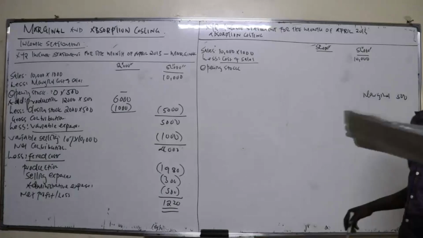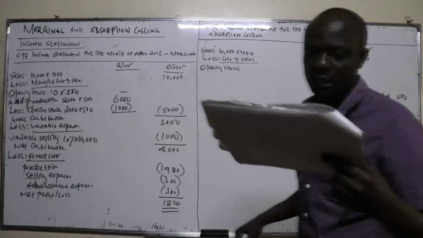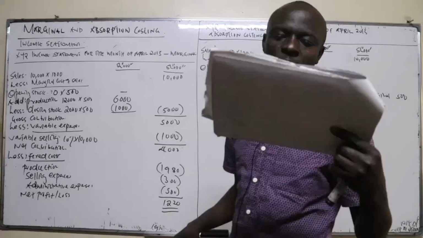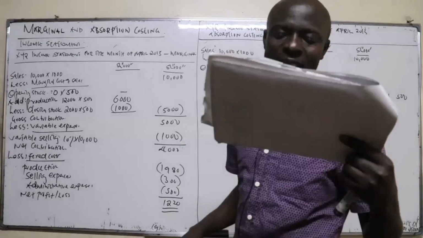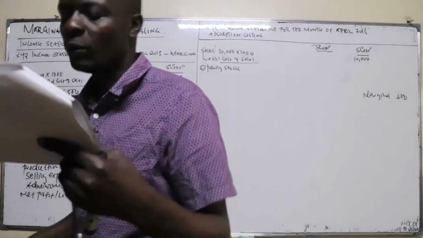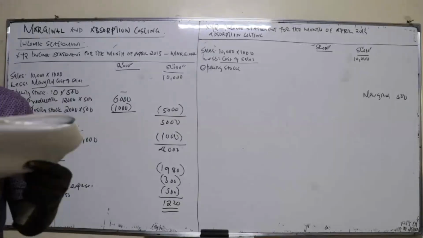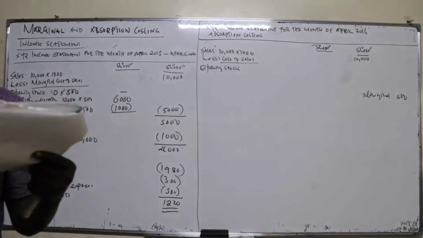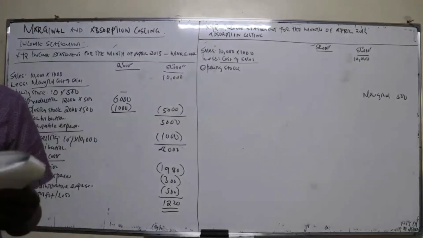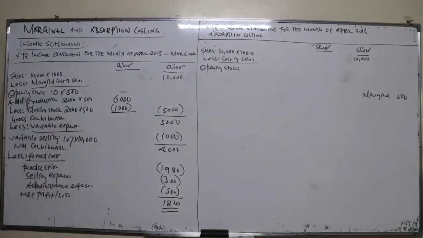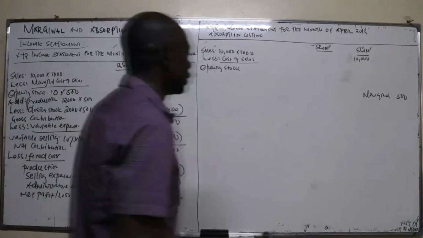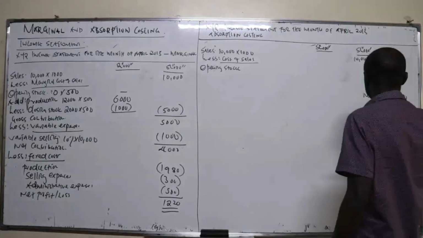So the total fixed production overheads was 1980, meant to be for 11,000 units. 1980,000 divided by 11,000 gives 180.